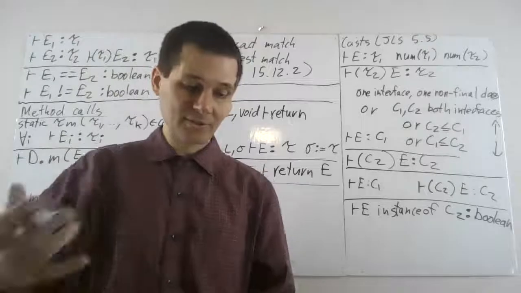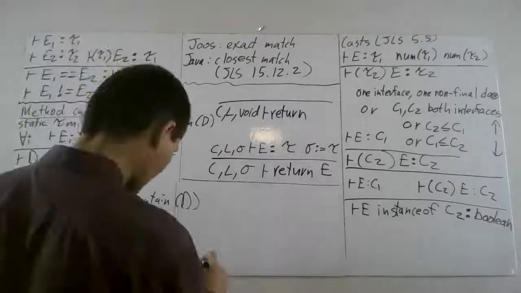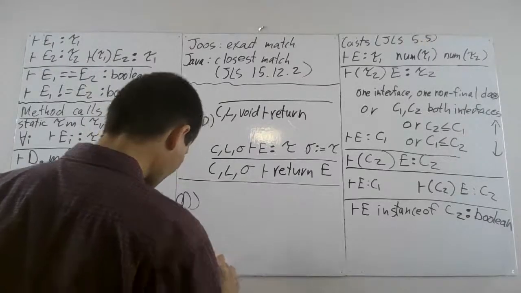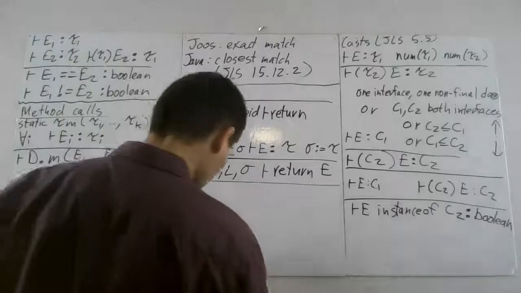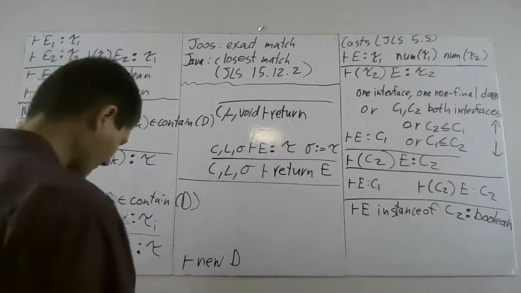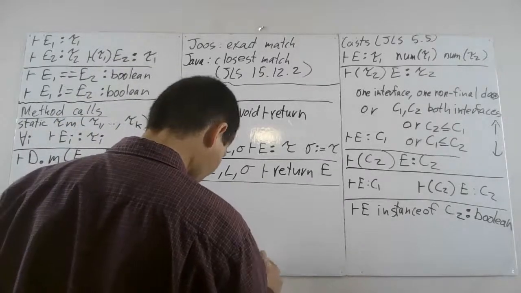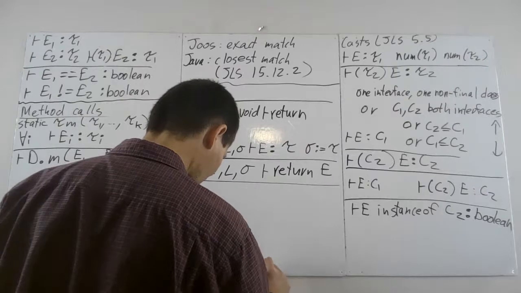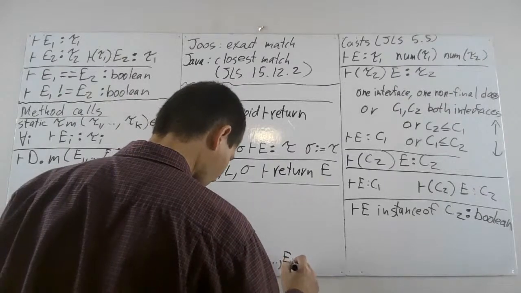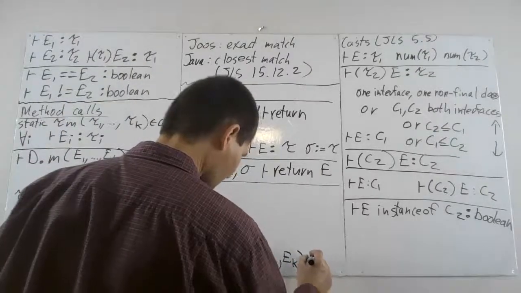And so therefore, the type checking for it is a lot like the type checking for methods. So I'm going to say, if I have a new, and I'm constructing some class D, right? It had better be a class type. And then I'm allowed to pass arguments to the constructor. So we'll call them E1 up to EK.